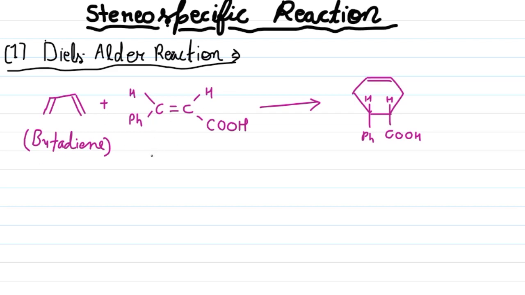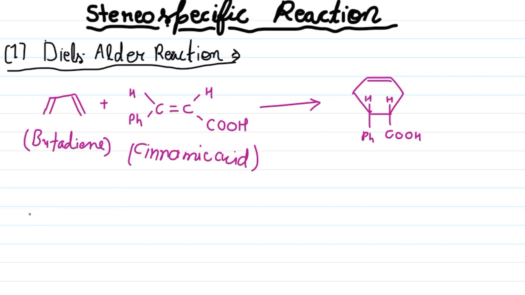This is known as cinnamic acid. And it gives the cis product. Let us take another example for the trans product.